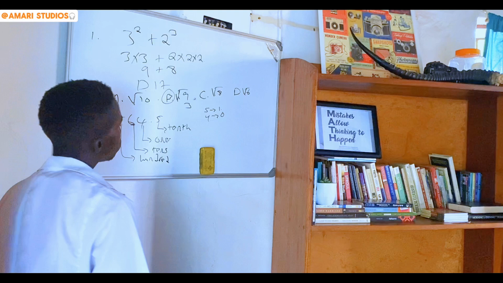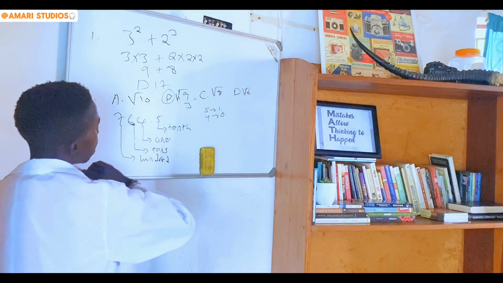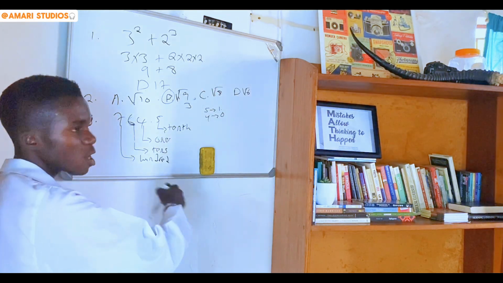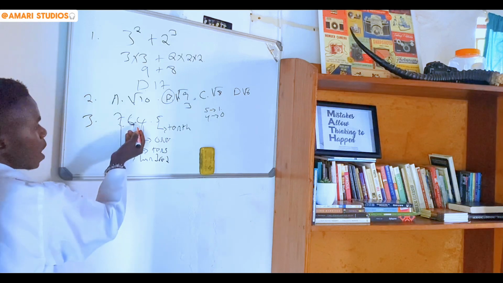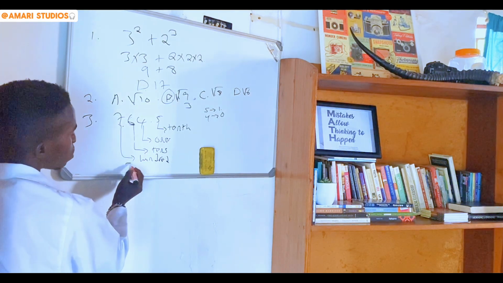To 0. So now in this case, if you round off 6, it will actually give you 1, and then that 1 you're going to add to the next number that is actually in front of 6. So the number that is in front of 6 here is actually 7. So if 6 is rounded off to 1, then you add the 1 to 7, you're going to get 8.